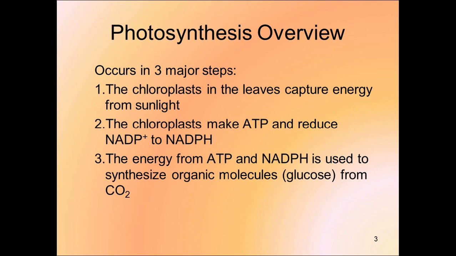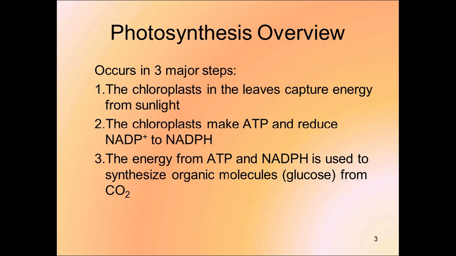I know it seems weird to add something to something else and say you reduced it, but this is half of what is called an oxidation reduction reaction. You'll learn more about that in chemistry. Right now, you just need to know that the addition of a hydrogen ion is called reduction.